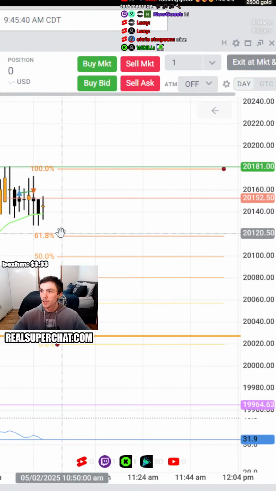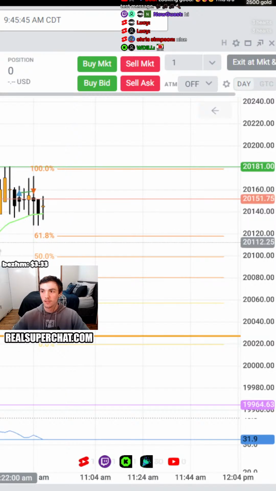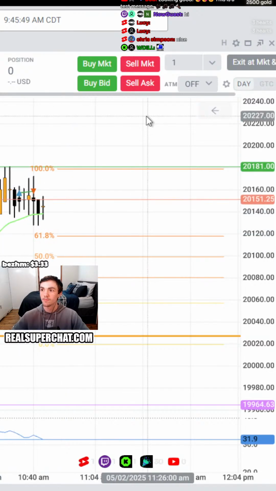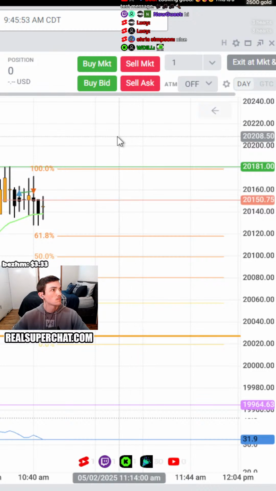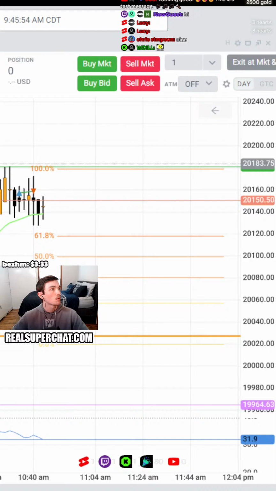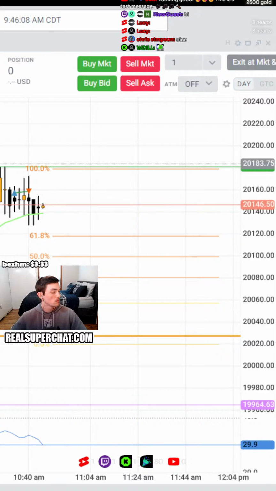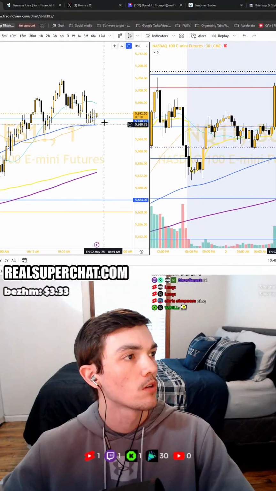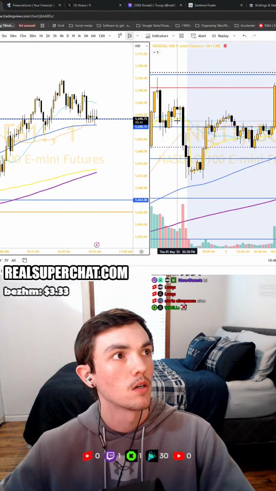May bounce off the 21 EMA. If that's the case, then higher high, higher low. May have a couple more legs up. Bounce off this 50-day MA. On the ES, it bounced off the 50-day MA. Not bad.